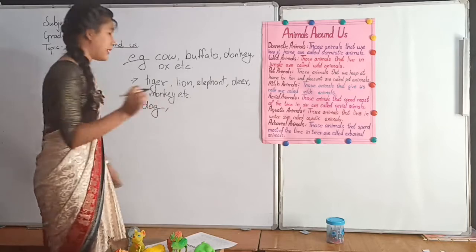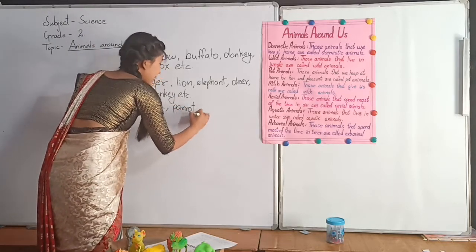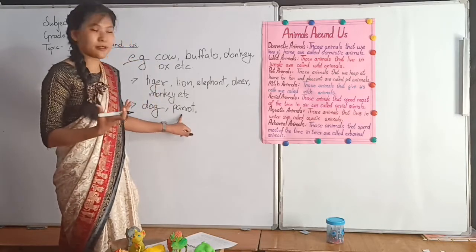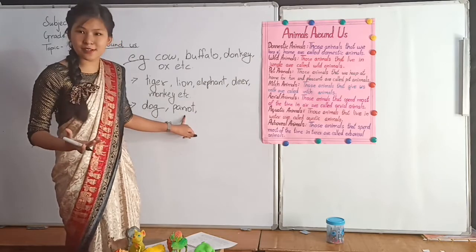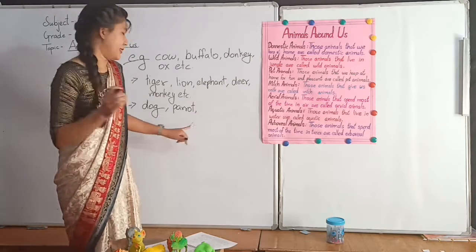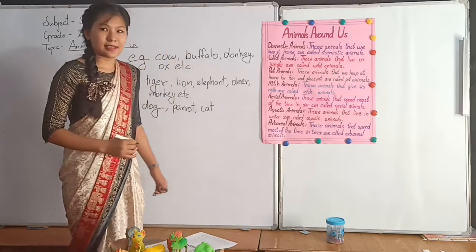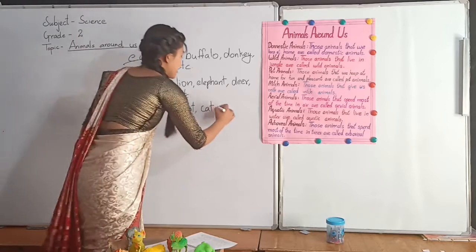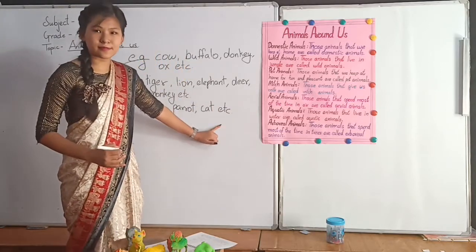Now next we keep parrot. Yes, some people love to keep parrot as pet at their homes. So parrot is also a pet animal. Now next is cat. Yes, we also keep cat as a pet animal. So these are the examples of pet animals.